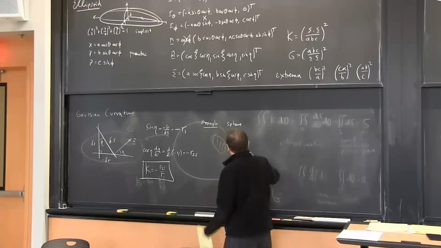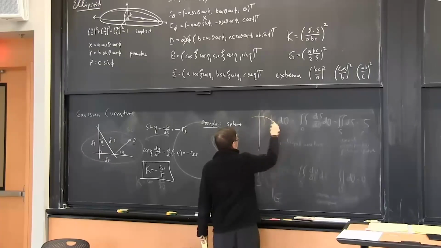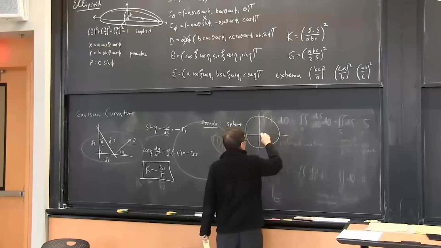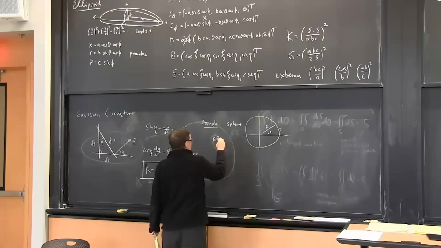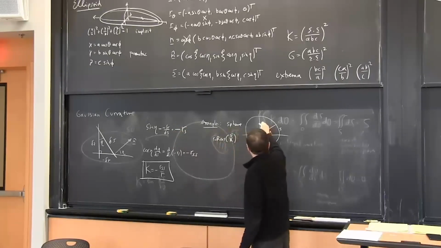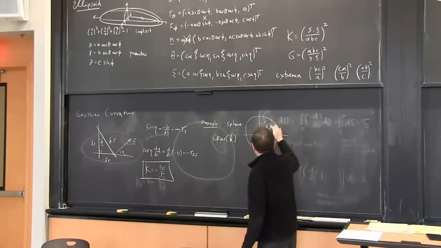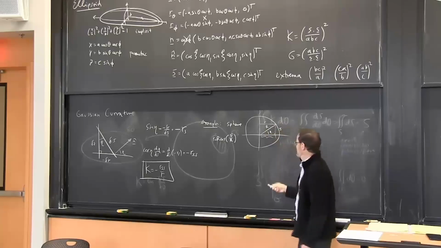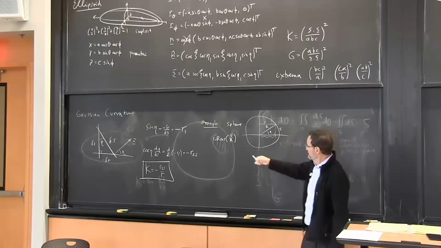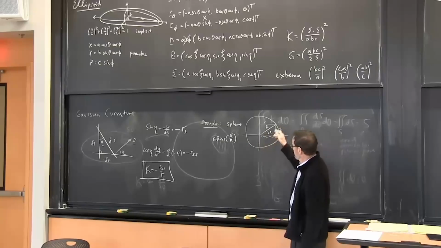In the case of the sphere, we can write that this small radius, little r here, which is the same as this thing, is the big R times cosine of that angle.